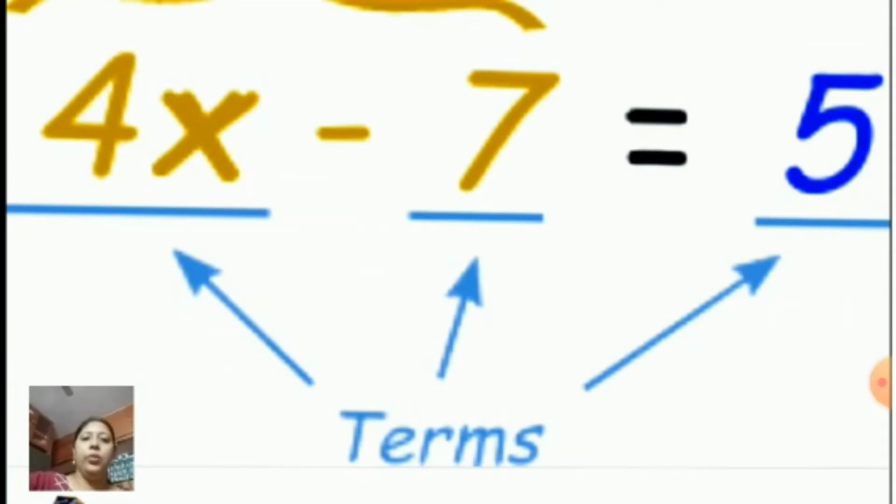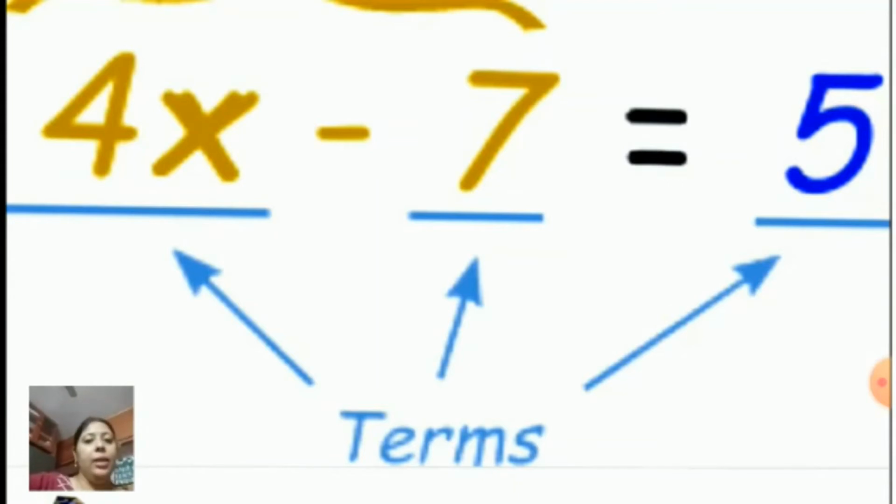Now here you can see I have written an equation: 4x minus 7 equals 5. Now what verbal phrase can we use to understand this? 4x minus 7, that is 7 is decreased from 4 times x, and then it is equal to 5. Then it is an equation.